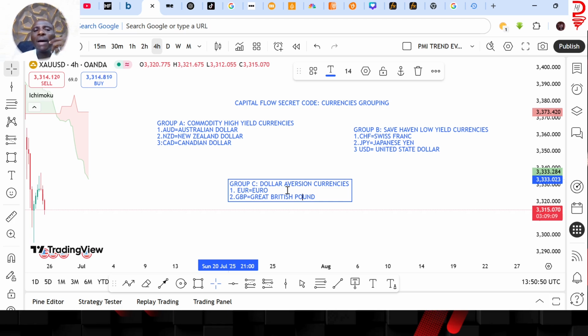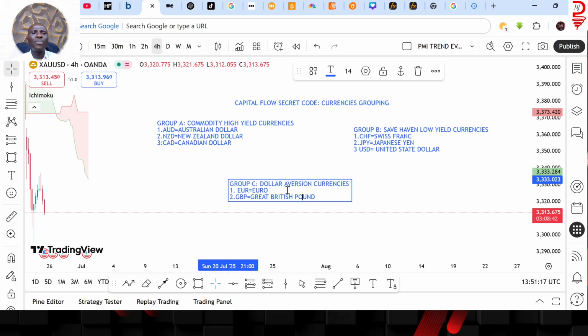Because we are dealing with capital flow, when you trade across groups, the likelihood that money will flow away from a particular group, let's say group B, which is safe haven, into another group is very high. And when that money flows, it's going to flow into another currency that you have picked. So as money is flowing away from a particular currency, it's flowing into another currency that you have picked.